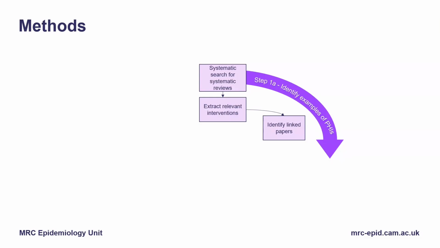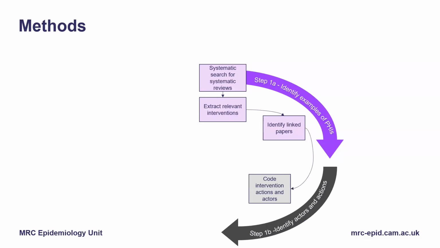And for each intervention, we then used these articles to code who was involved in the intervention, so the intervention actors, and what each of these were required to do. So that we came up with, for each single intervention, a list of what had to happen for the intervention to have its benefit for the intended recipient.